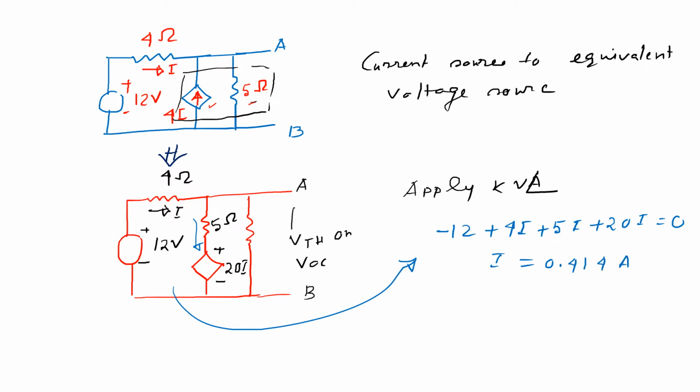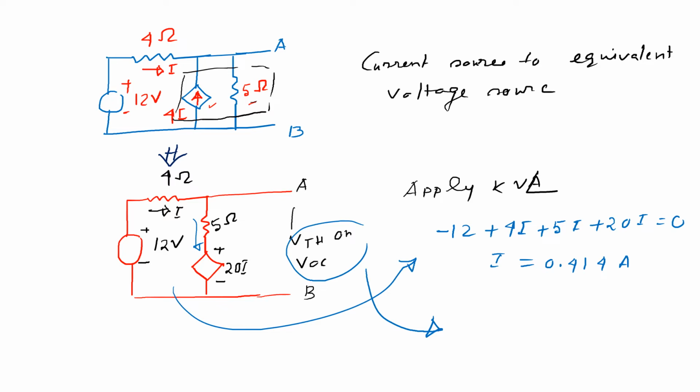Now what is the voltage V Thevenin or V open circuit? This is the V Thevenin or V open circuit. Sorry, mistakenly we represented that resistance here because already it is converted.